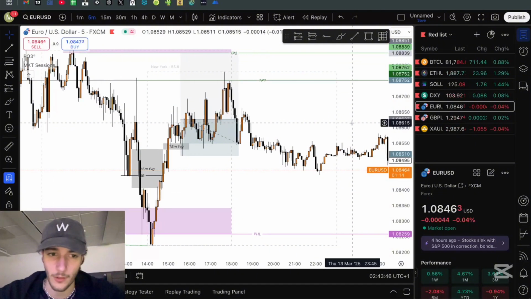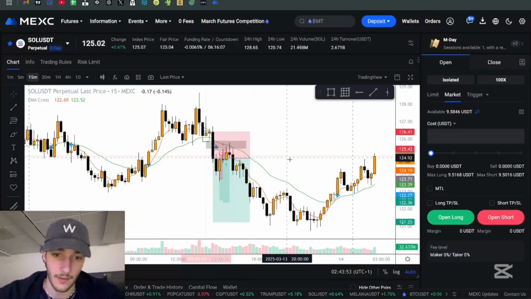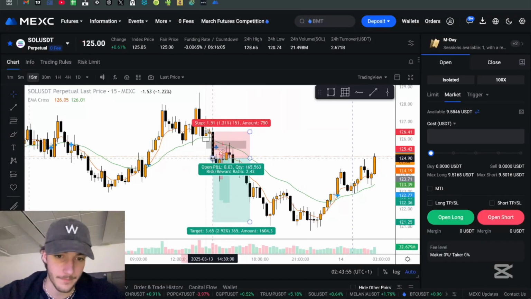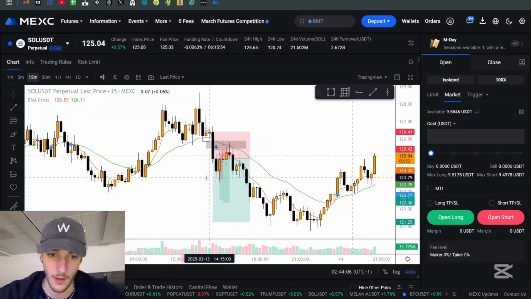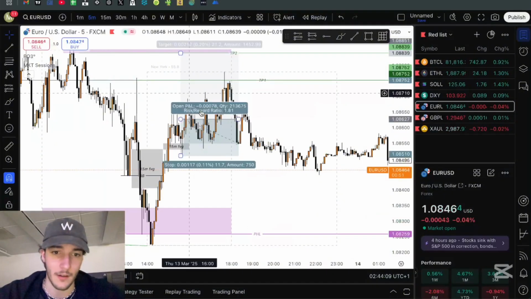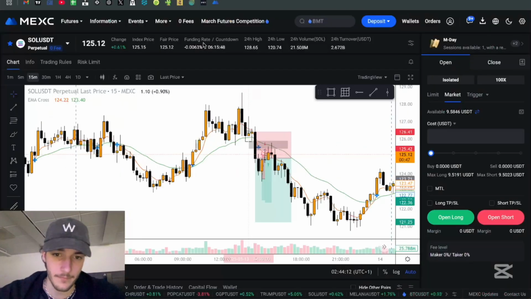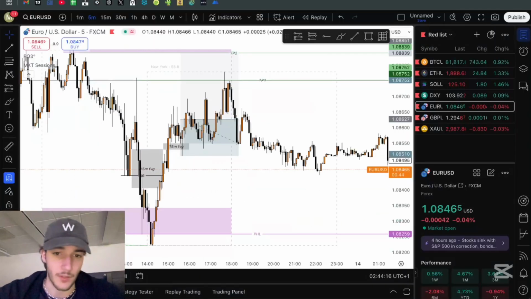Also, I realized it's really hard to focus on EURUSD and GBPUSD and Solana, so I can fix that by simply rarely checking on Solana's chart, only on the 15-minute, and if we do this break of structure with this strong body candle close into one direction, then simply enter and not even look back until TP2 hits, and then I can take profits there and move my stop loss to break even.